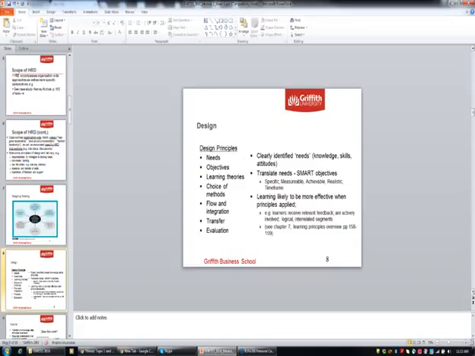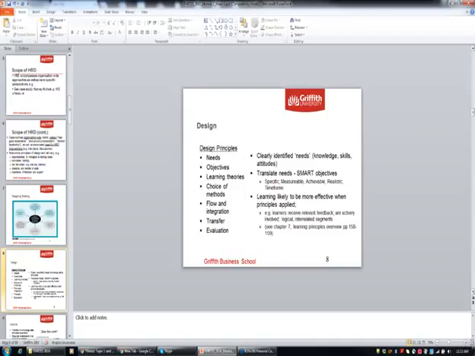So you've probably heard of the SMART objectives. They are specific, measurable, achievable, realistic, and there is a time frame. So that helps you in your own thinking. How can I impart something really clear about this training session or this overall HRD program?